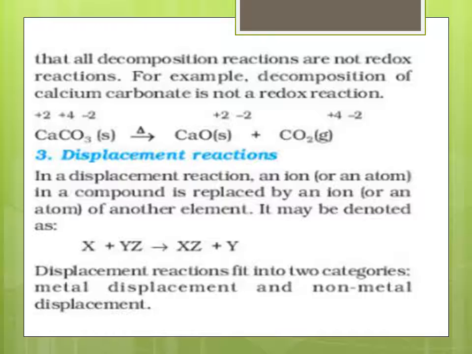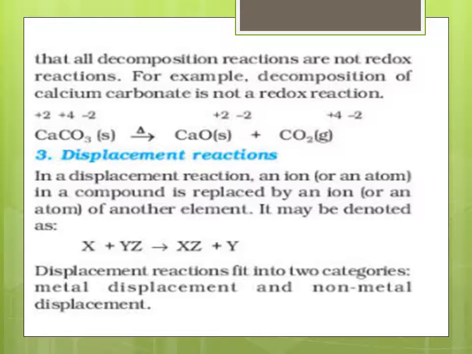Carbon was in plus 4 state and is in plus 4 state. So there is no change in the oxidation number of calcium, no change in the oxidation number of carbon, and no change in the oxidation number of oxygen on both sides. So it's not a redox reaction, but it is a decomposition reaction.